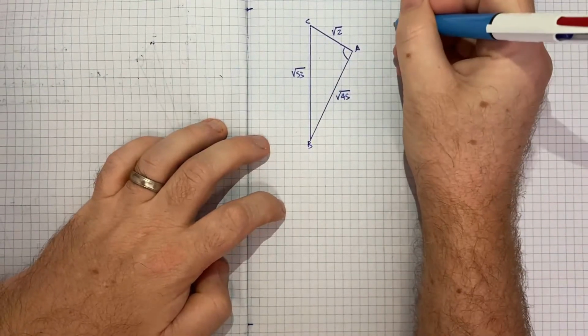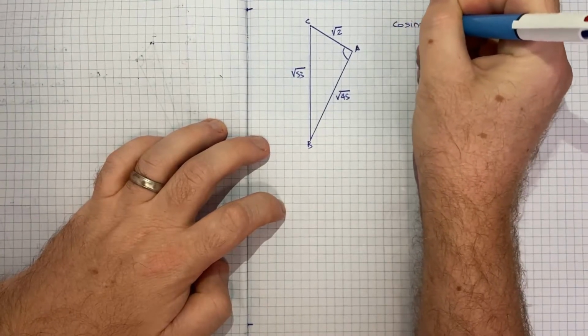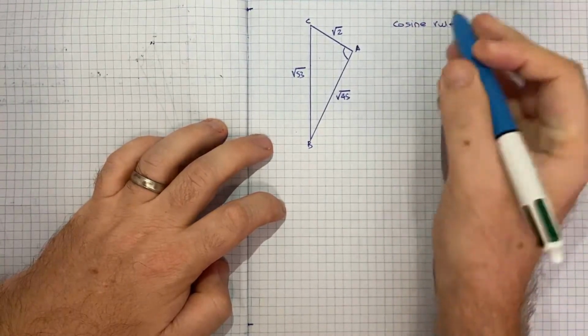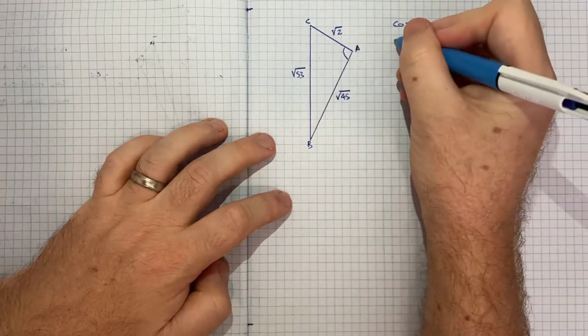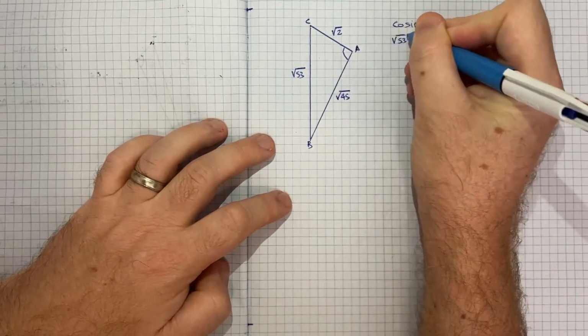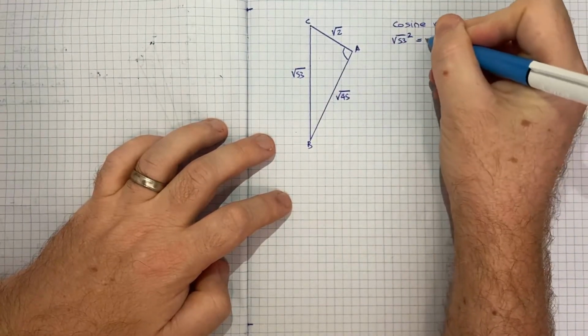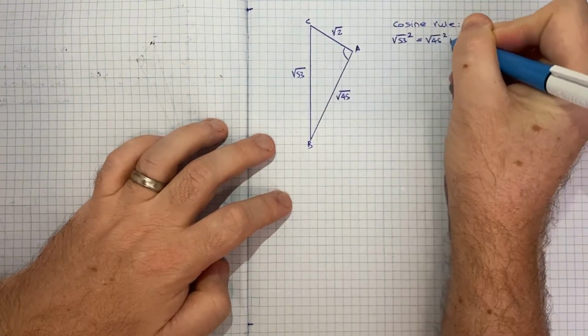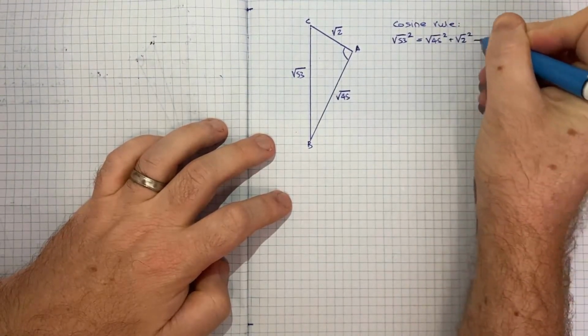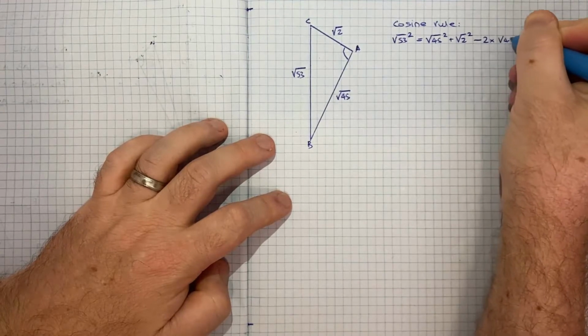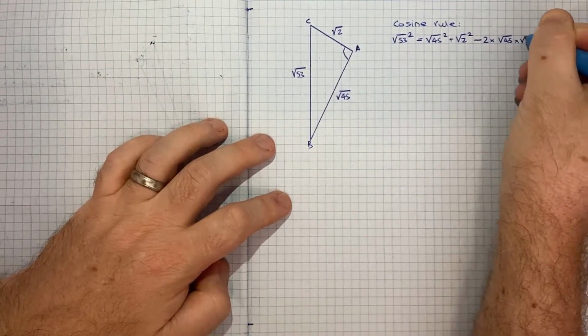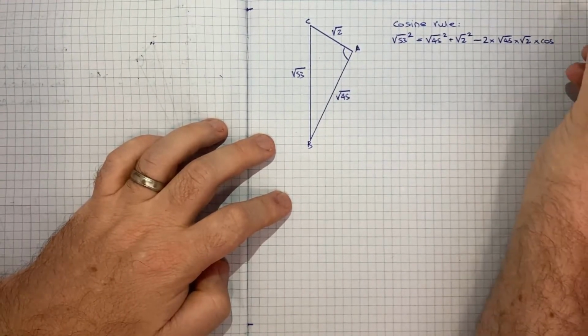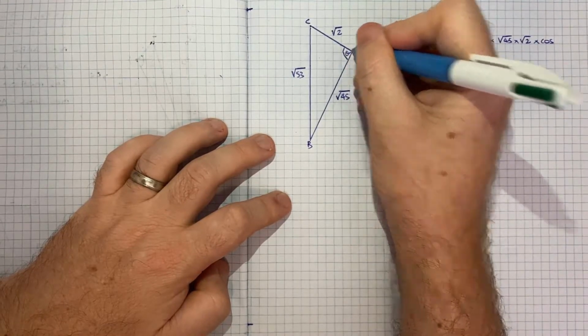Alright, so now using the cosine rule, we can say that the square root of 53 squared will be equal to the square root of 45 squared plus the square root of 2 squared minus 2 times the square root of 45 times the square root of 2 times cos, I'll just call this theta.